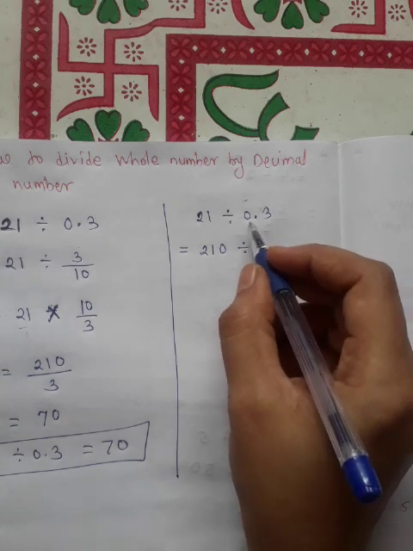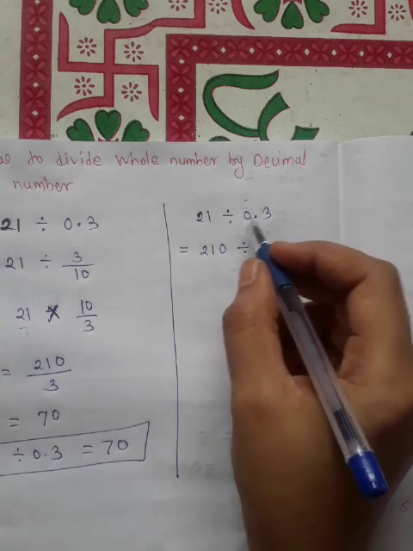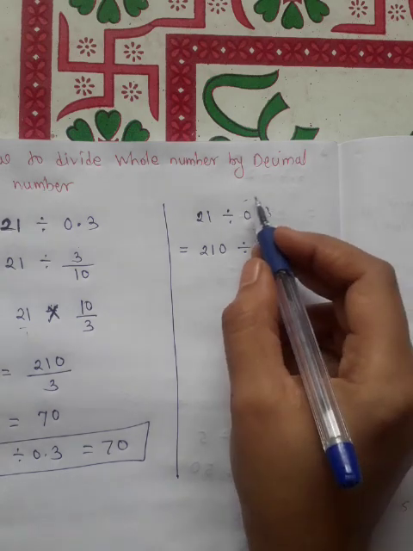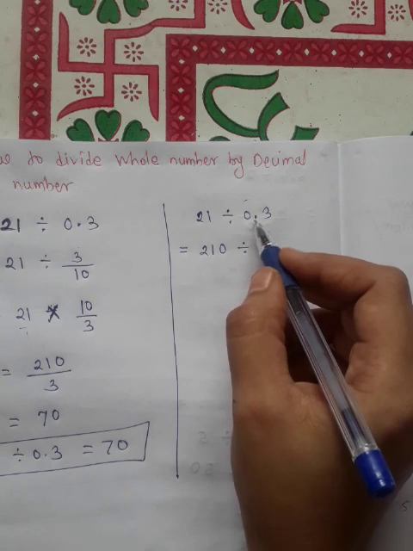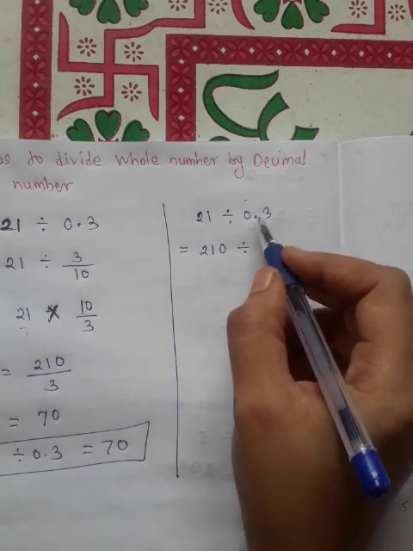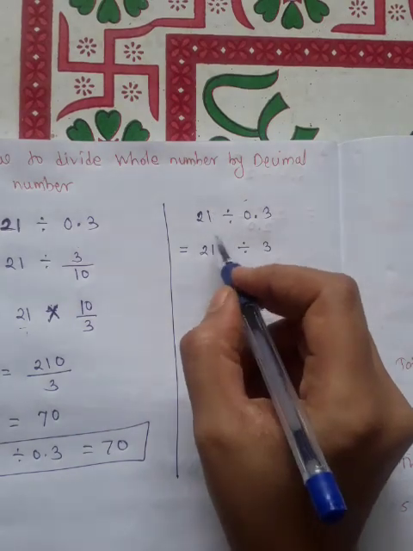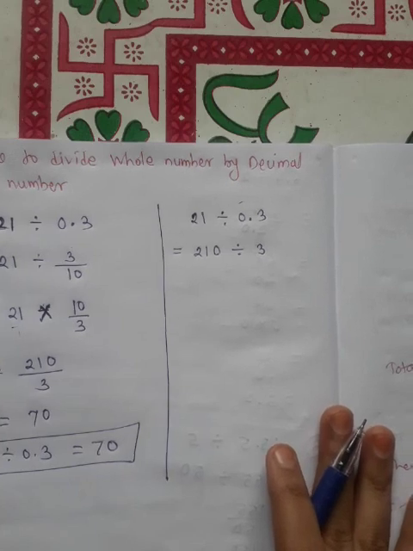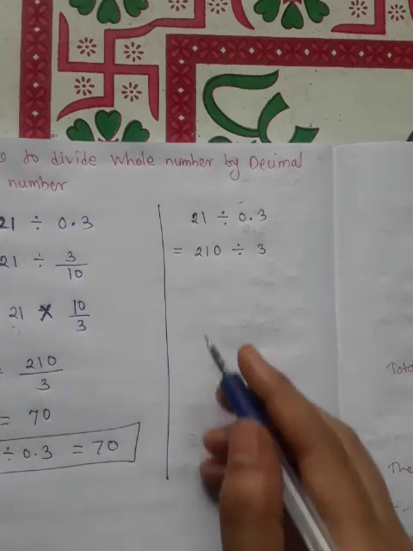If we remove that decimal point, the number will be 03, and 03 is nothing but 3. So to remove the decimal point, just count the digits after it. There is one digit, so put a 0 in the dividend. This is the reverse process of what I explained in the previous example.